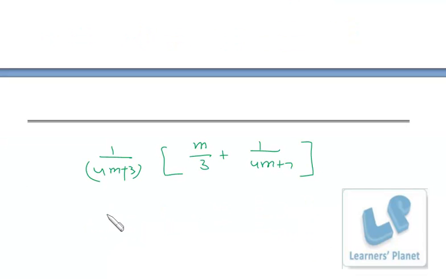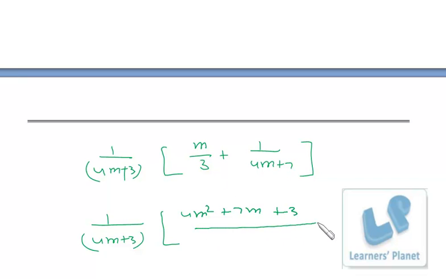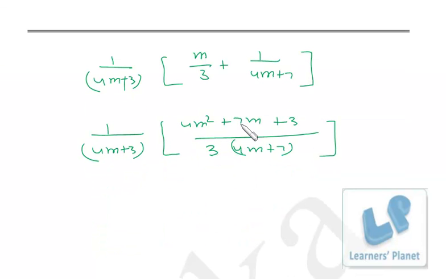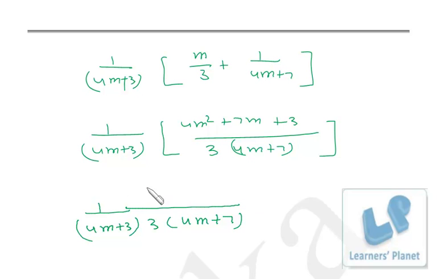Okay, so it is 1 upon (4m plus 3), then here it is (4m square plus 7m plus 3) upon 3(4m plus 7), right? Again we can factorize: 7m can be broken up into 4m and 3m. So here it is 1 upon (4m plus 3) into 3(4m plus 7), then here it is 4m square plus 4m plus 3m plus 3.